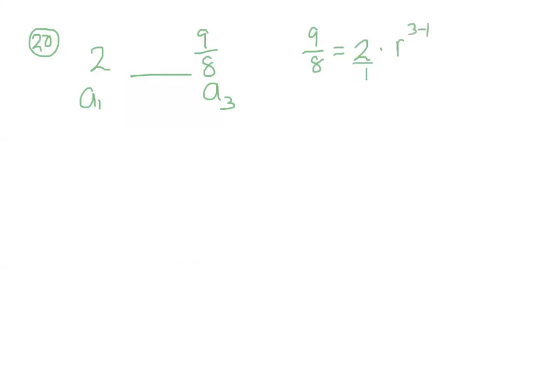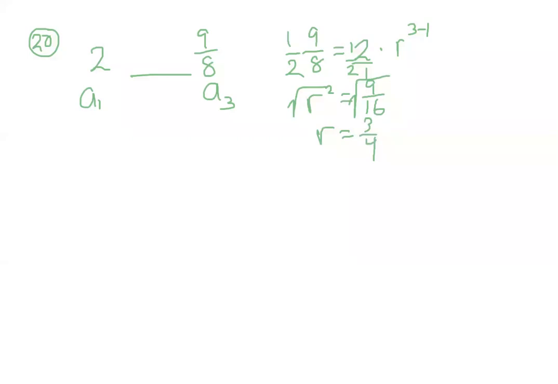I'm going to divide by 2, or multiply by a half. And I get R squared equals 9/16. And now you should be able to see, we're going to take the square root of both of these, and we get R equals 3/4.